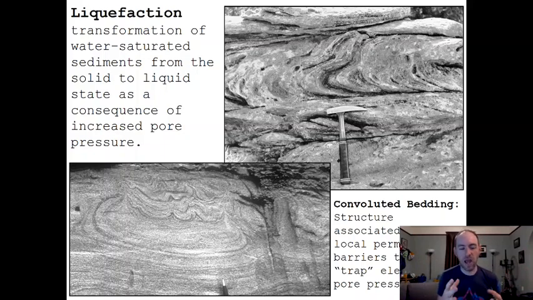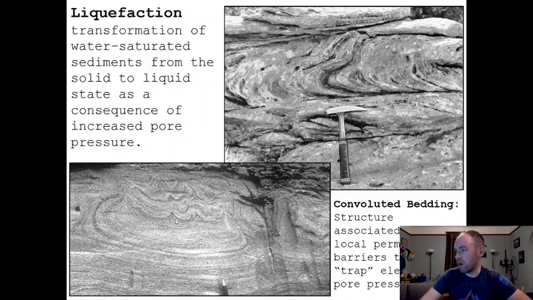in stages. It can happen locally, and you can end up with what's called convoluted bedding, where these were fluvial cross beds in this upper right hand image that would have been nice cross bedding like this, that have started to slump, right, and started to flow down a slope, presumably. And so you get these weird little flow structures that occur in what would have been planar cross-bedded sands. Same thing here.